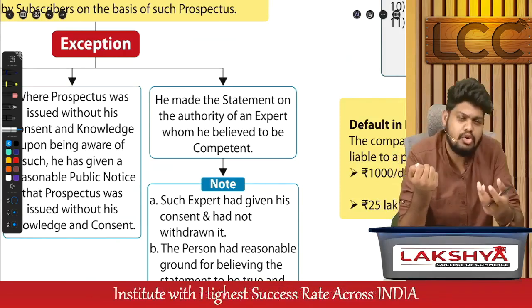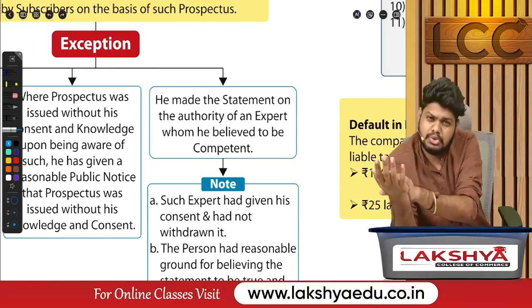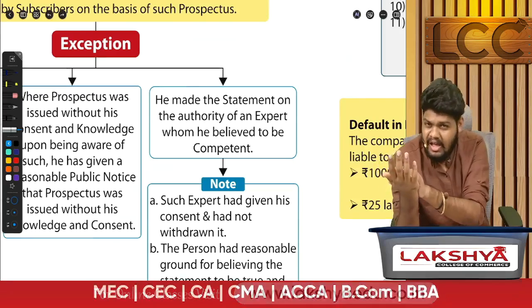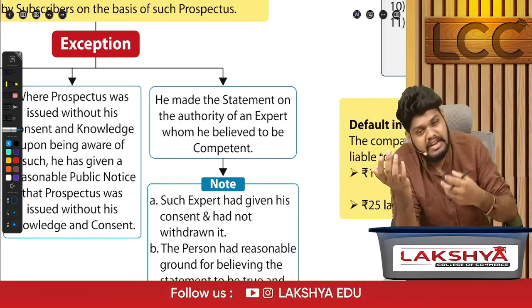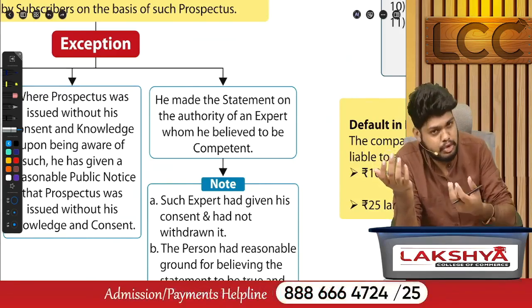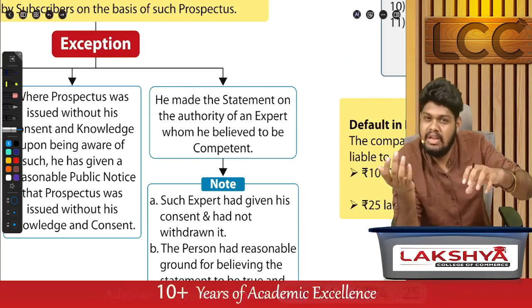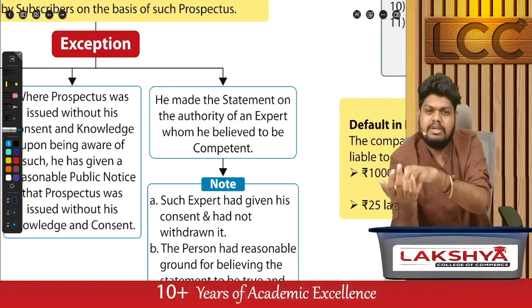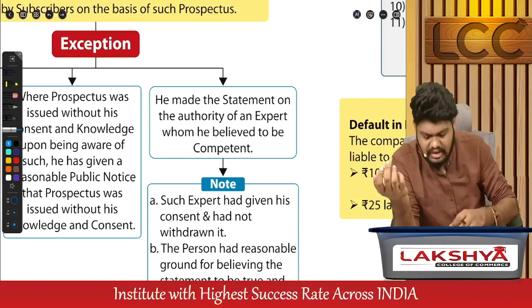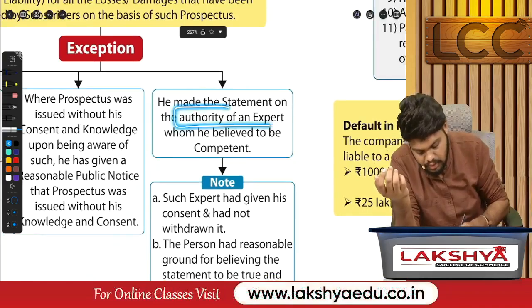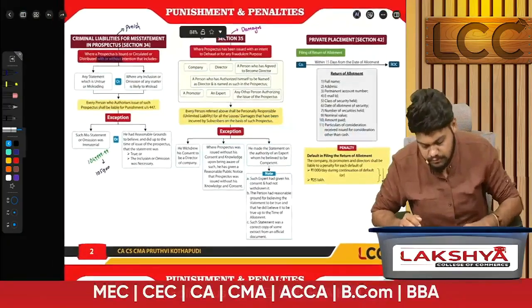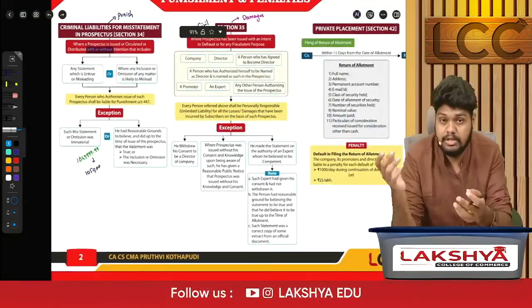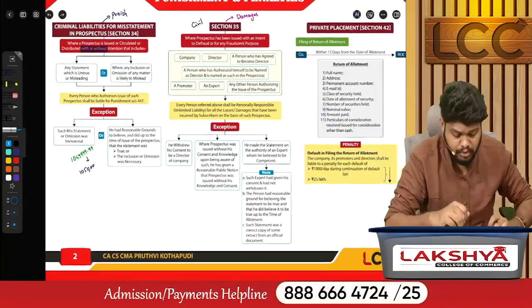If it turns out to be wrong information, our statement is also indirectly wrong. Have we done anything intentionally here? We believed that the expert was competent. We believed that the statement given by the expert was true. We are not held liable if it is on the authority of an expert. That was your section 34 and 35. I know there are no numbers, but they are very, very important from an exam point of view.